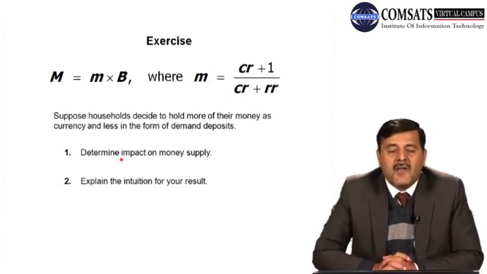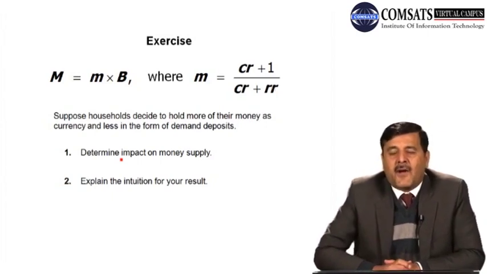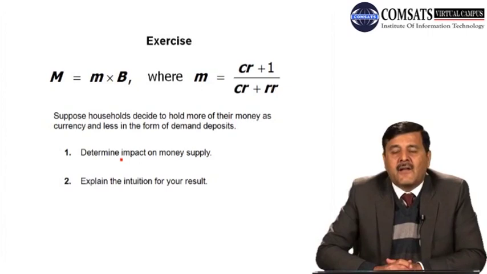Suppose m is equal to CR plus 1 divided by CR plus RR, where CR is the currency deposit ratio and RR is the reserve deposit ratio.